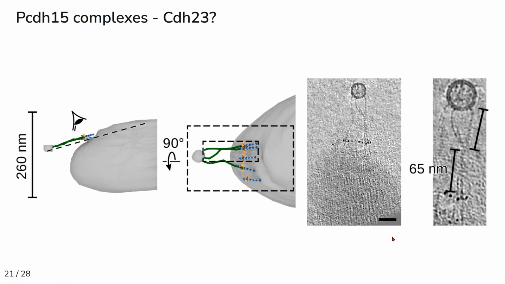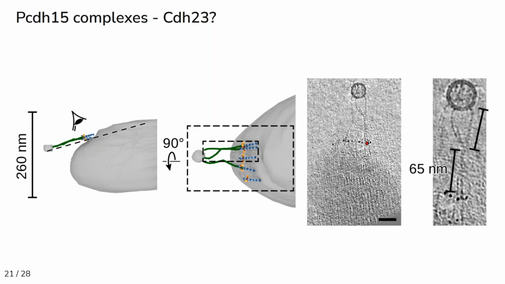Furthermore, in some of the tomograms that we looked at, we were pleased to see that there was additional density extending beyond protocadherin-15. In this particular example, it extended about 130 more nanometers and then entered a lipid vesicle at the top.